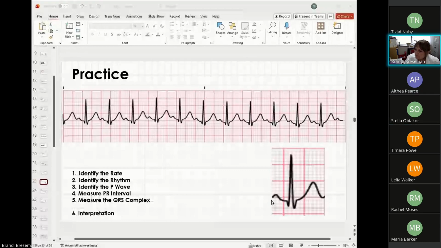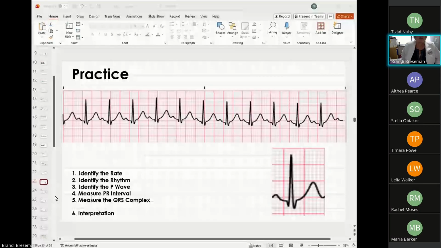Good job. See, you guys got this. I know in the beginning you're like, oh my God, I don't understand this. But once you start putting it together, it makes more sense. I promise. Okay. Next practice. All right, let's look at this one.